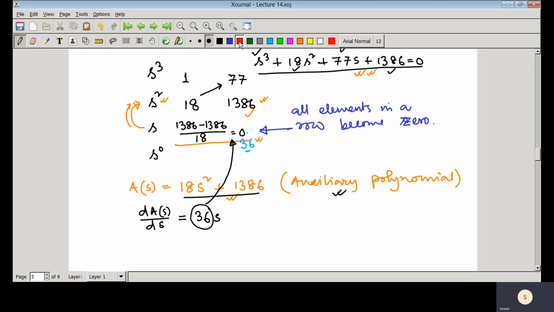So if you continue that Routh table, then what happens? This 36 into 1386, then here you have that 0. So 0 into 18, that is 0, divided by 36, means here you have 1386.